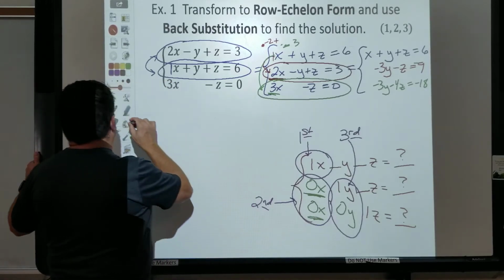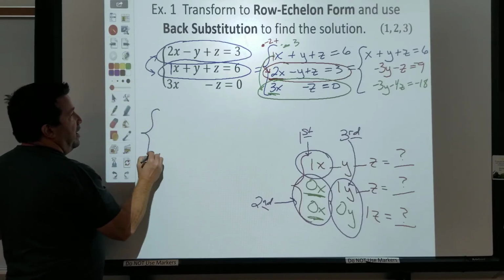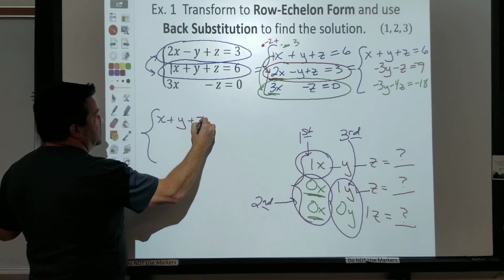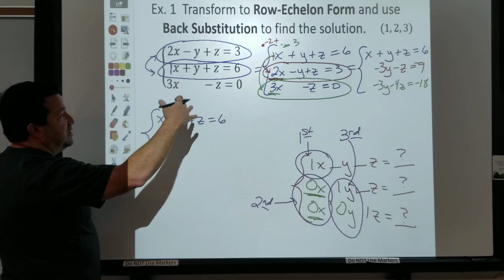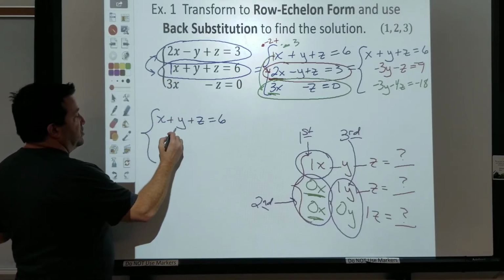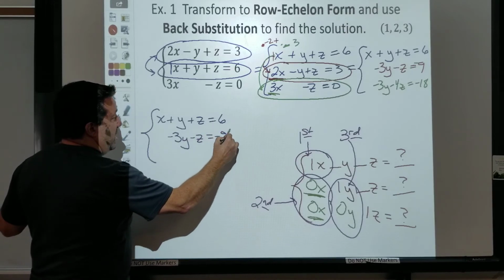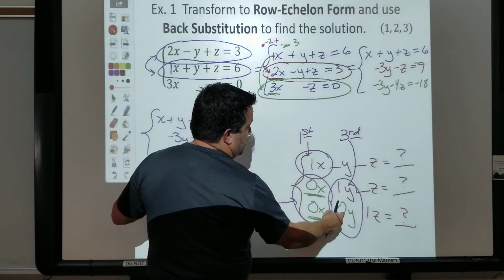I'm going to go ahead and get that 0 into its spot. So I'm leaving the top equation alone. Since I moved it, I haven't had to do anything to that other than use it to eliminate some stuff. And then I have this negative 3y minus z equals negative 9, but I'm going to get a new equation here because I want to eliminate this y.